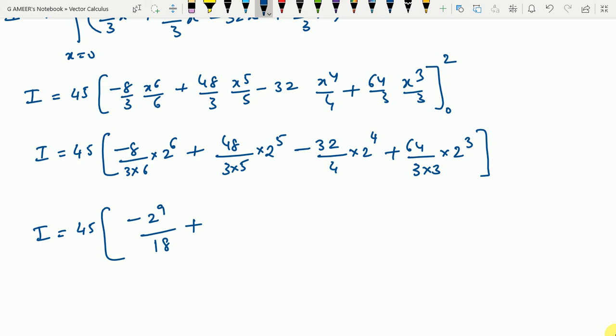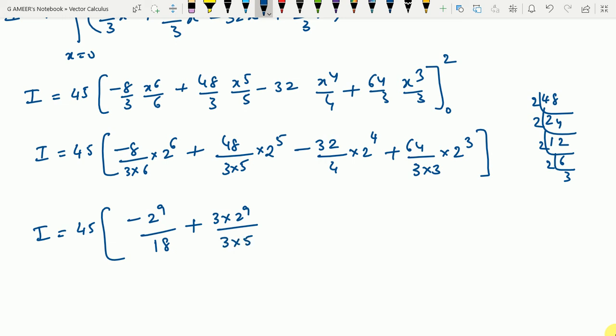plus 48. So 48 can be written as 3 into 2 power 4, so 2 power 9 by 3 into 5.